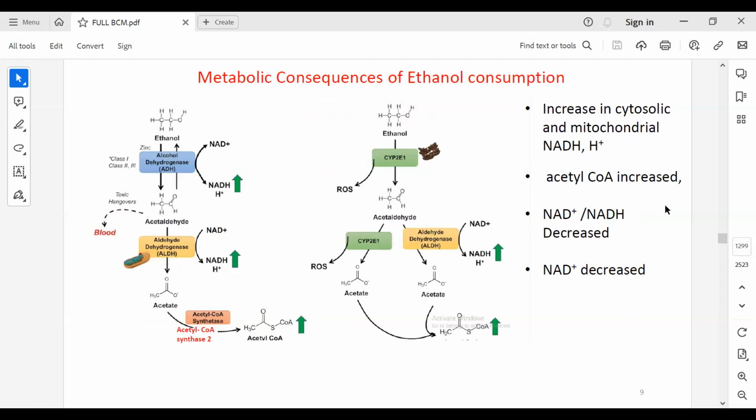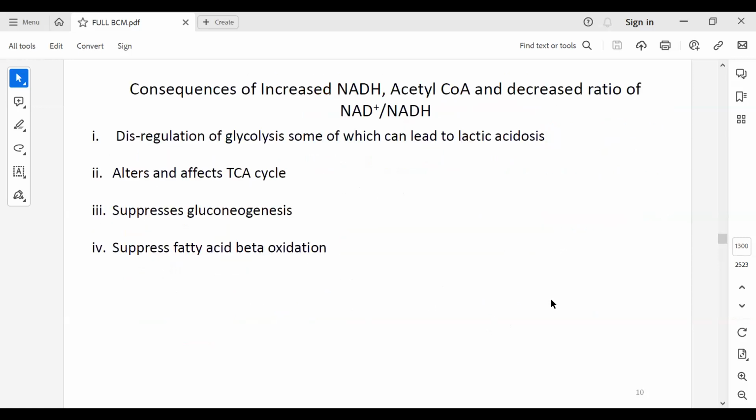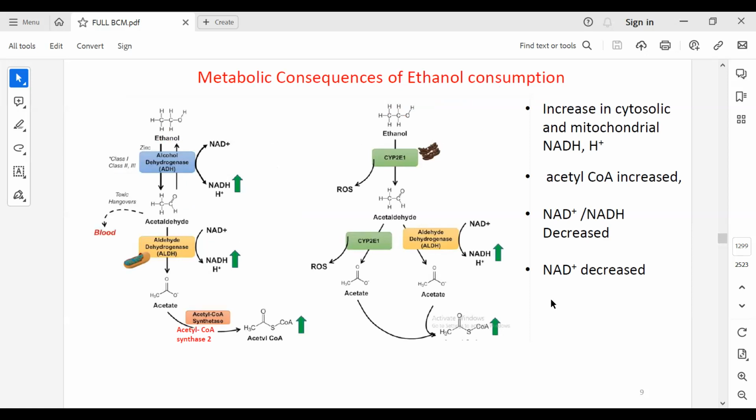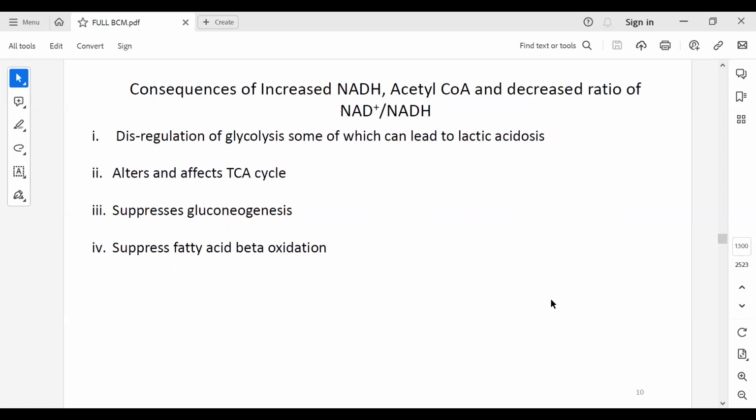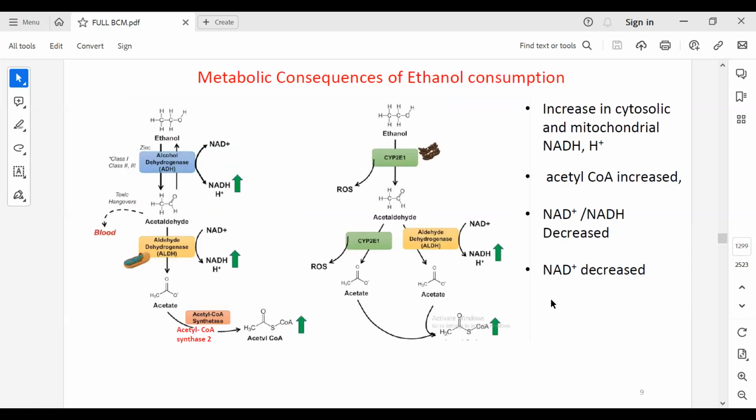There will also be acetyl-CoA increased. This ratio will be decreased and NAD+ will be decreased. So what this will do is that when you're consuming alcohol, if you go back to your glycolysis, you see that we've increased NADH and decreased NAD+.